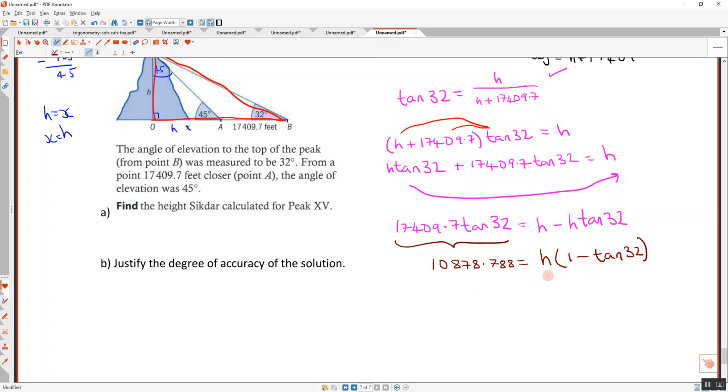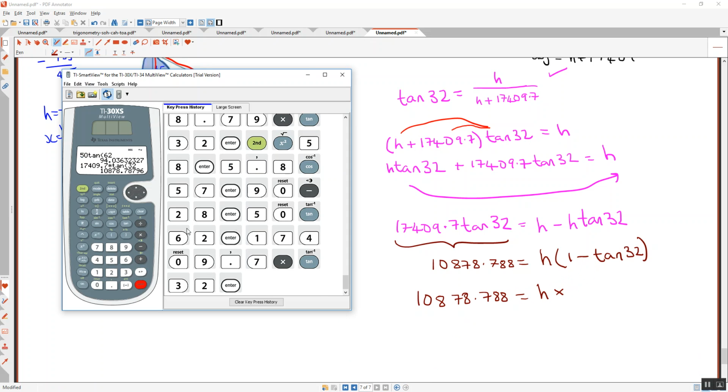Now if I want to get my h by itself, actually what we can do is 10878. Now this h is being multiplied by all of this stuff, which again I can just put in the calculator. 1 minus tan 32.